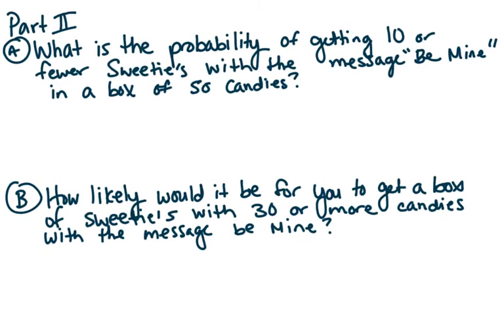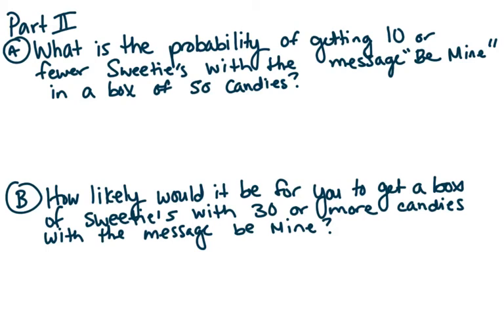Okay, so the next piece of this, it says part 2, what is the probability of getting 10 or fewer sweeties with the message "Be mine" in a box of 50 candies? And so in order to find this, we're going to use our z-score. You guys should have gone over z-scores. In fact, I know that you did, but I'm just going to review it real quick.